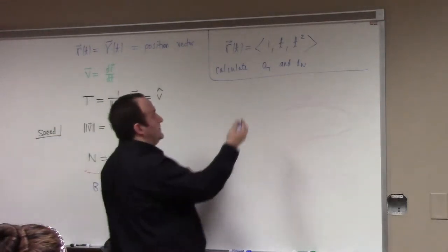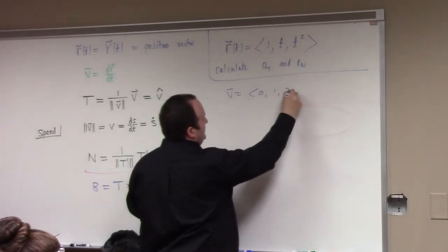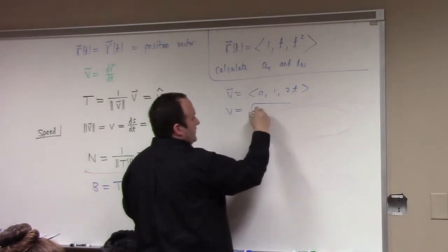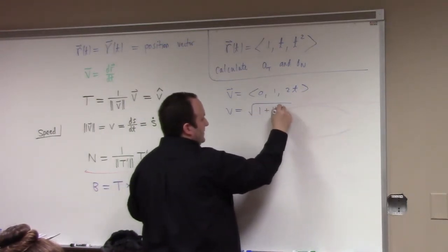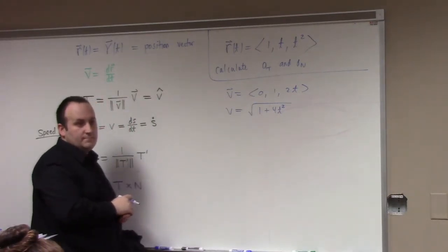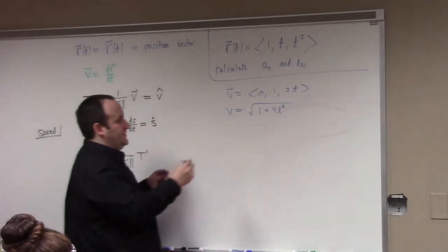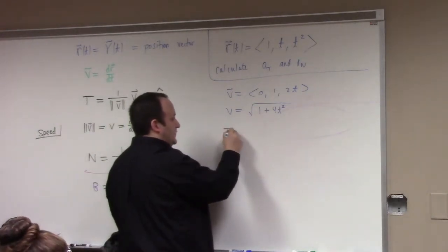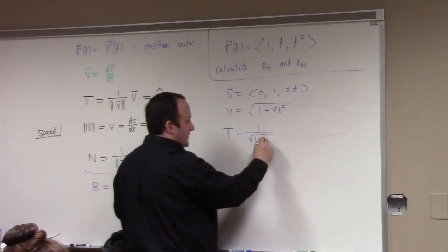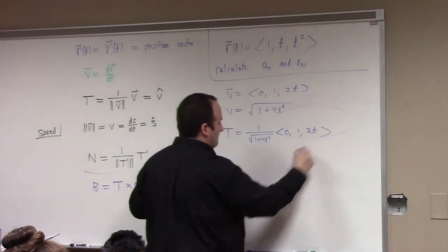Find the unit tangent. So velocity is what? (0, 1, 2t), right? So what's the speed? The speed is the square root of 1 plus 4t squared, right? So we can calculate the tangent. What's the tangent? It's 1 over the square root of 1 plus 4t squared, times (0, 1, 2t).